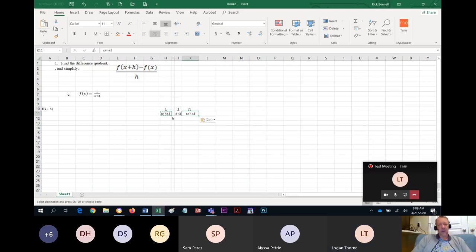So I'm going to multiply this by that over that, and this by that over that. So my common denominator is going to be both of these here. 1 times x plus 3 is going to be x plus 3. And then -1 times that is going to be negative x minus h minus 3.